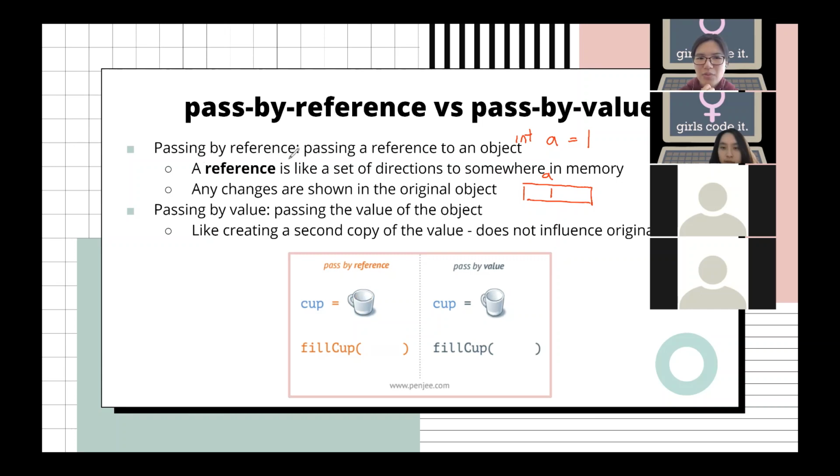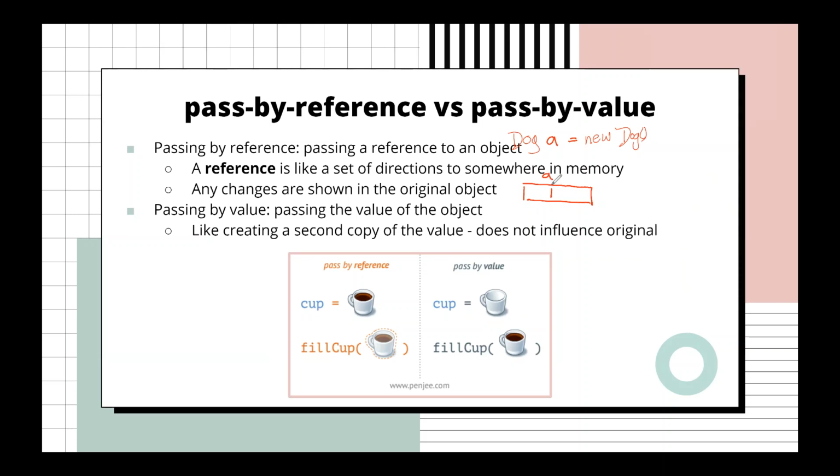But what Java does is, if I have a class, like Dog A equals new Dog, instead of A storing the dog in here, it'll point to an object called Dog.